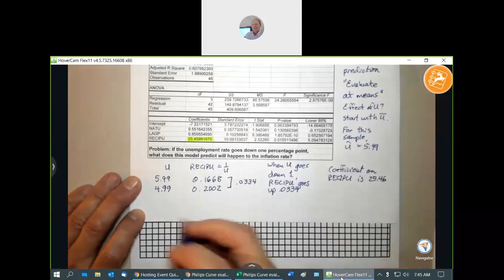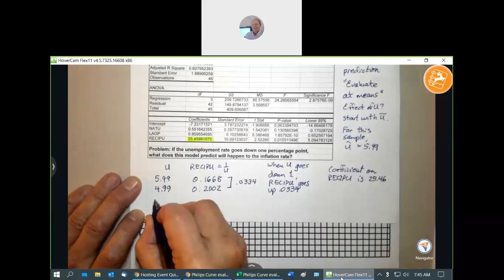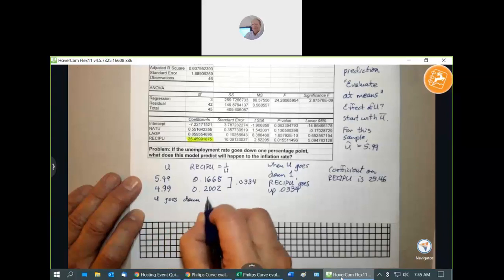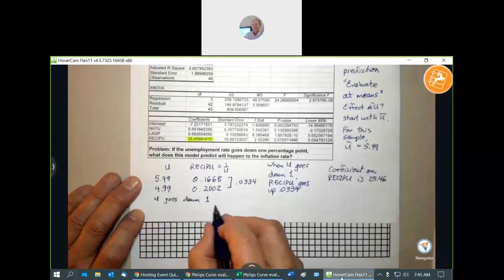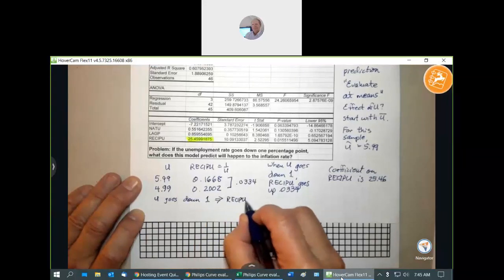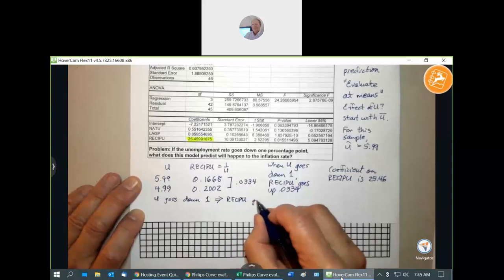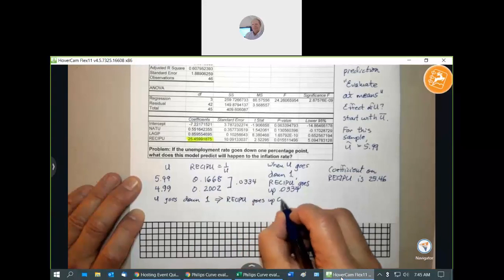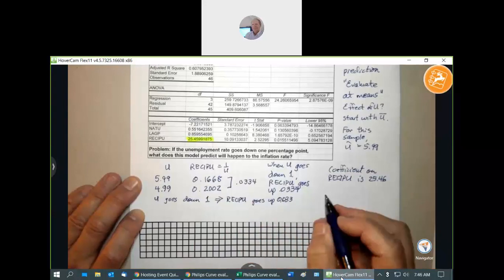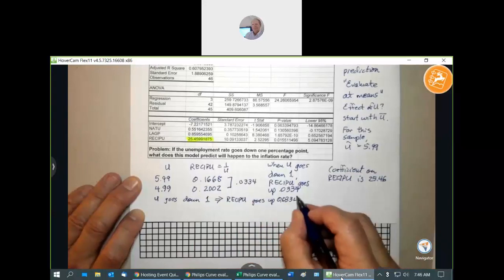Okay, so let's consider this chain of events. When U goes down 1, see what happened? Then we draw the little arrow that says recip U goes up 0.0334.